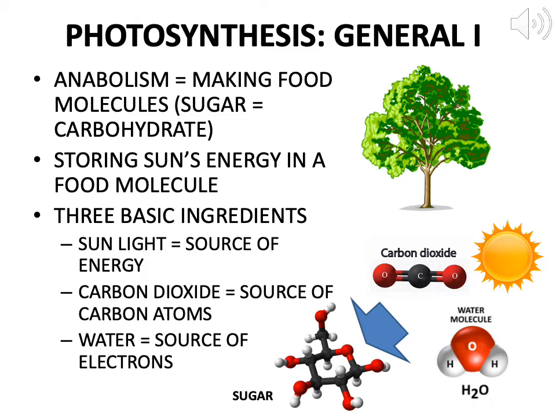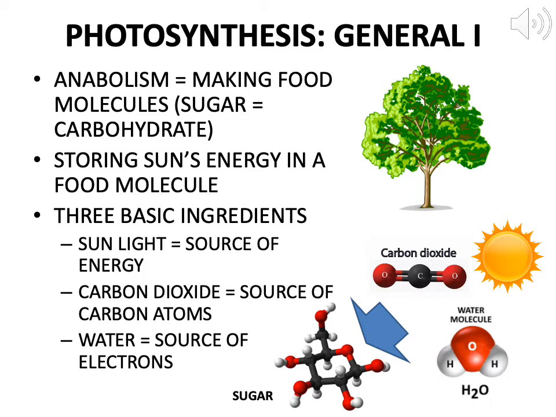But in this presentation, our job is to actually go beyond that. So let's take a look at some general aspects of photosynthesis. It is a process of anabolism. You might remember that anabolism or anabolic reactions are processes by which something is made, and in this case we're making food molecules.